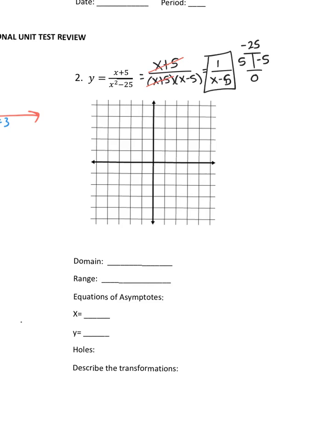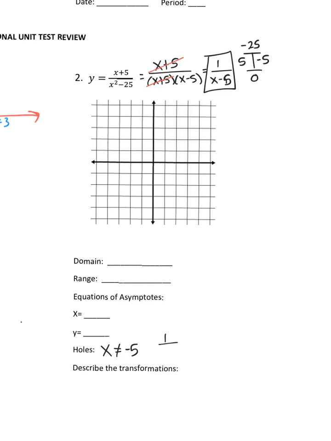Okay, so right off the bat, I canceled x plus 5. That means that I have a hole at negative 5, so x cannot be equal to negative 5. In order to figure out the actual coordinate point of the hole, I have to take that domain restriction or that hole that I've got, and I'm going to evaluate it in my simplified function.